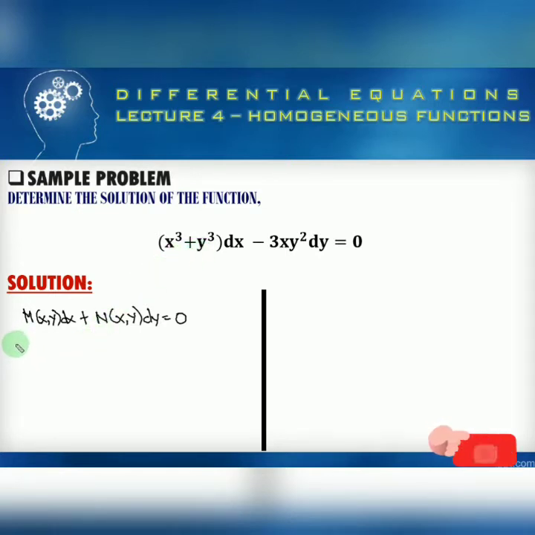So we may write here, we have (x cubed plus y cubed) dx minus 3x times y squared dy is equal to 0.